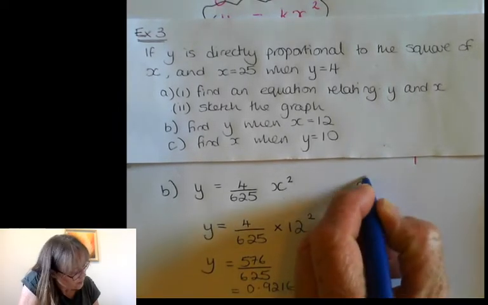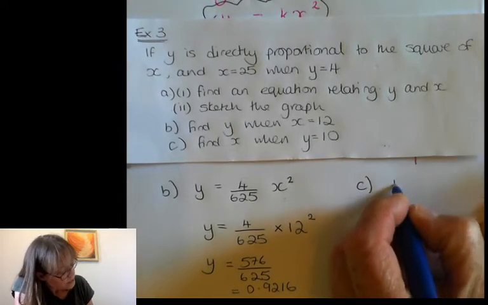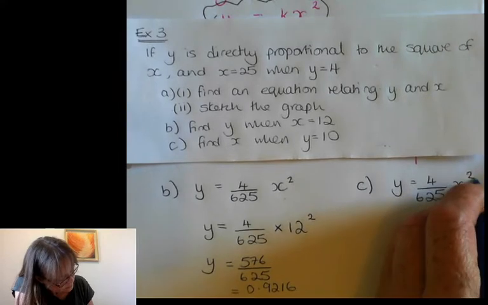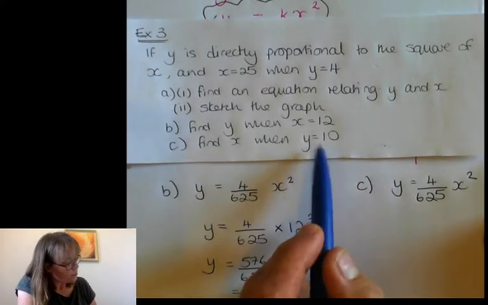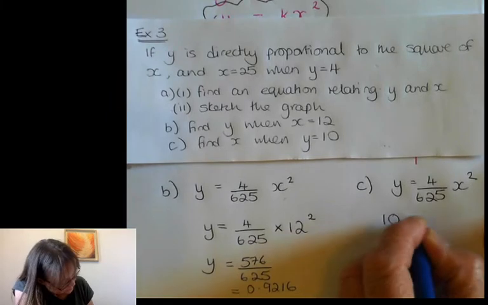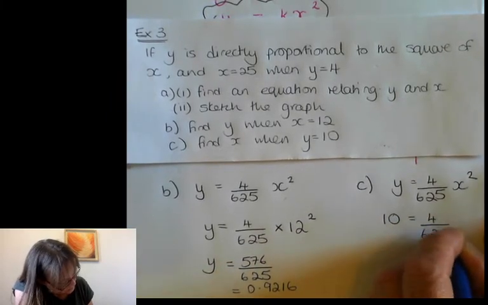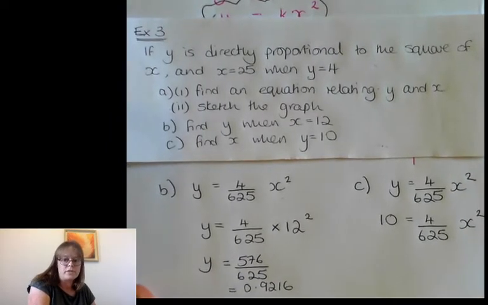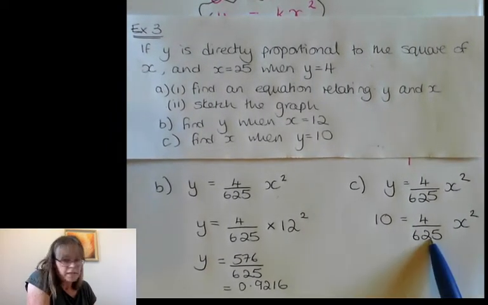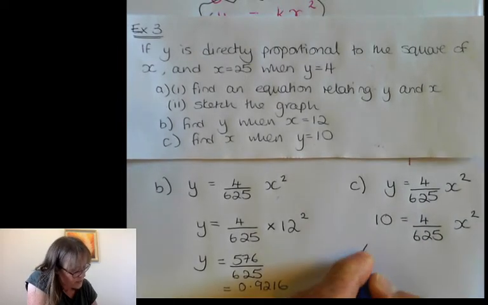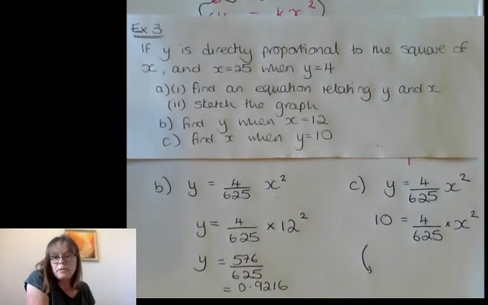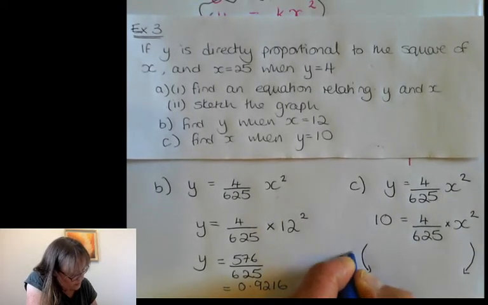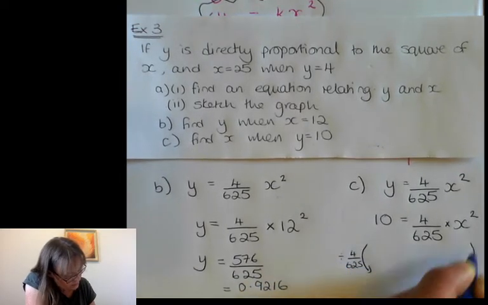For part C, I'm going to find x when y is 10. So start with the equation. Sub in the y value they gave me. And now I need to be a little bit more careful, because I've got to find x, and the first thing I need to do is get rid of this fraction at the front here. So this at the moment is multiplied by x squared, so the opposite of multiplying by 4/625 is to divide by 4/625.